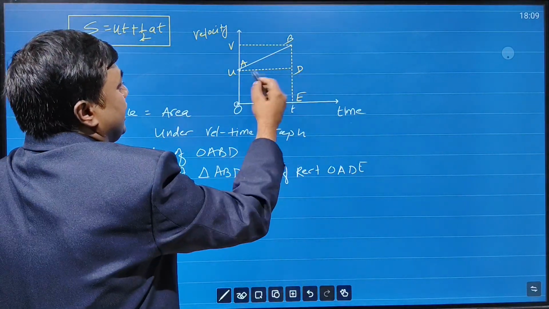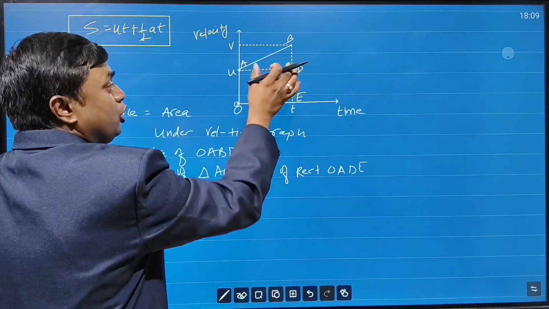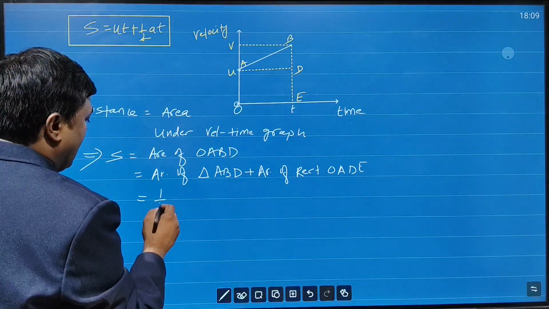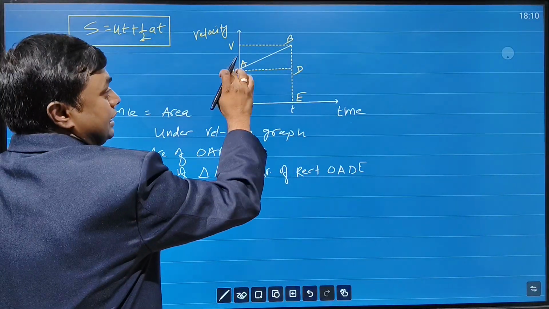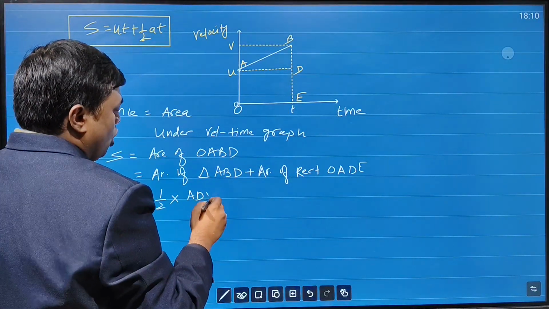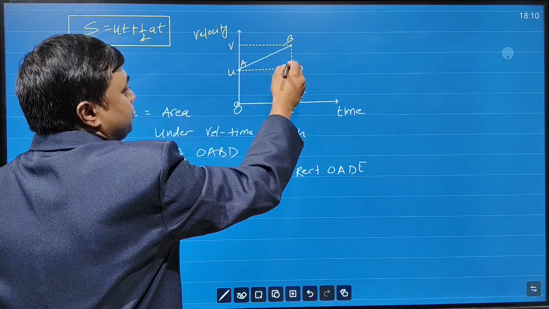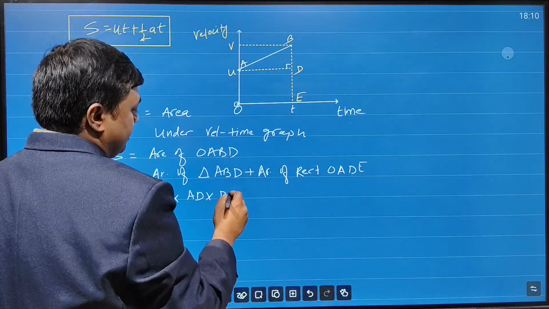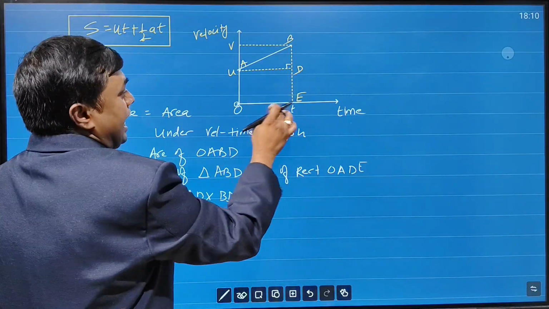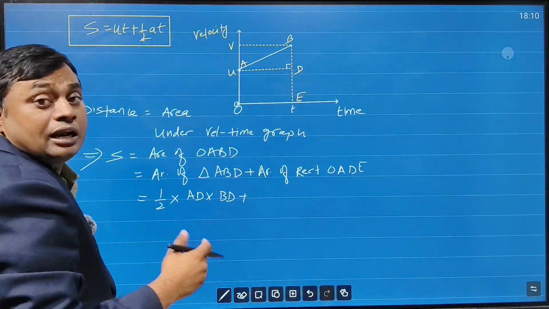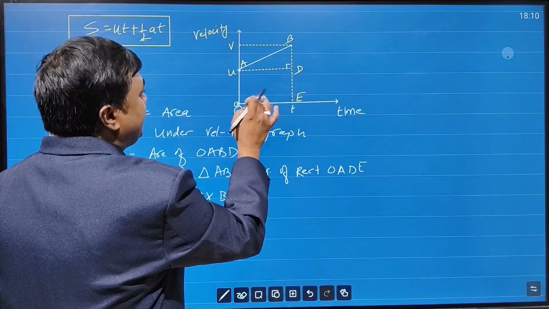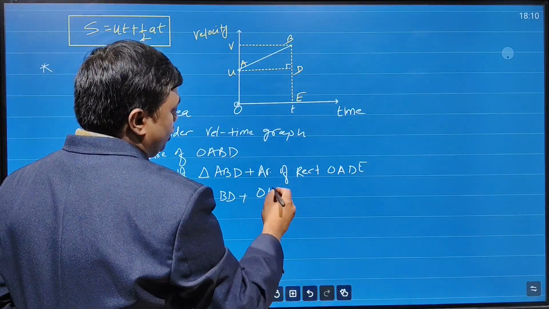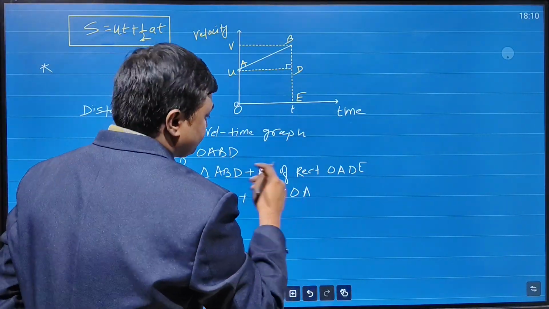The area of a triangle is half into base into height. So we can write half into base, AD is the base, and BD is the height, as it is perpendicular. Plus the area of the rectangle, which is length into breadth, so OE into OA.